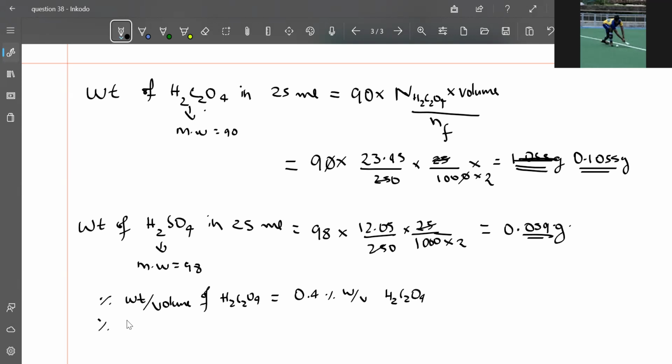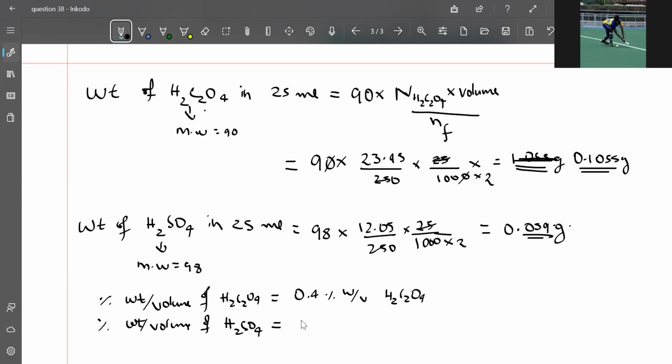Then the percentage weight by volume of H2SO4 will be 0.059 divided by 25 multiplied by 100.